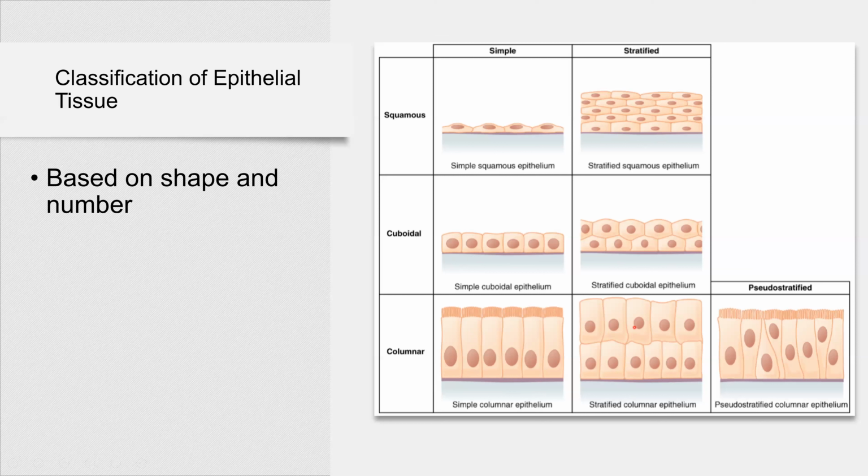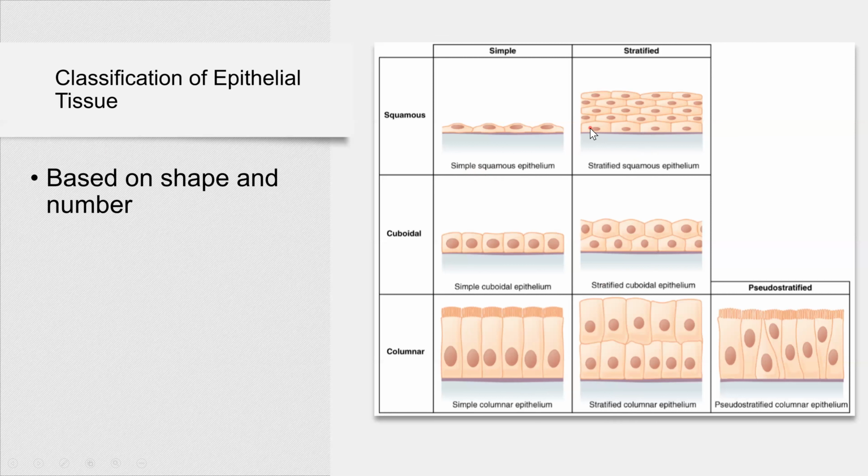Now just to recap, epithelial tissue has at least two words in its name. The first word needs to be either simple or stratified, right? And the second word is the shape of cells. So simple squamous, stratified squamous, simple cuboidal, stratified cuboidal, simple columnar, stratified columnar. I also want you to look at this picture and see those basal cells.